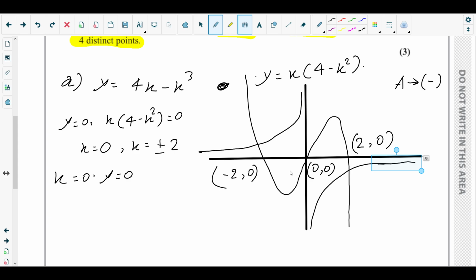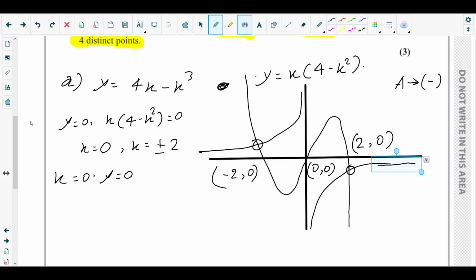So how many points of intersection can you see? 1, 2. That means the value of a can never be negative in order to have 4 distinct points of intersection between the curve C1 and C2. So we need a limit for the values of a.